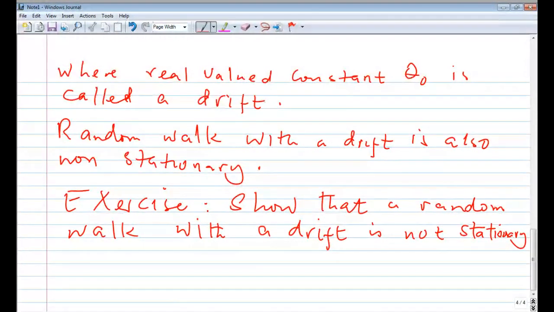I think you can do that. You have to calculate the expected value and check whether it depends on t or not. Calculate the variance and check whether it depends on t or not. Check the covariance to see if it depends on t or not. But if you find one which depends on t, then the process is not stationary. So just go and do this one for me as an exercise. Any question before we go to another topic?